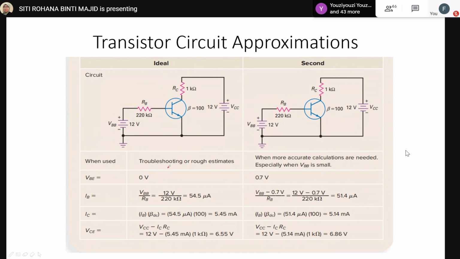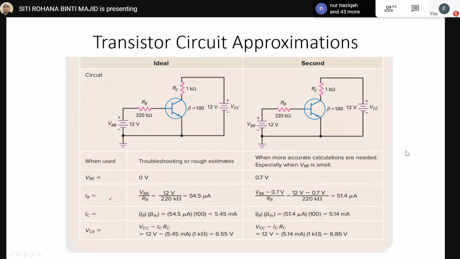So if the question says they are using an ideal BJT or an ideal PN junction diode, they are referring to VBE equals 0. That means you no need to deduct the 0.7 volt for VBE.